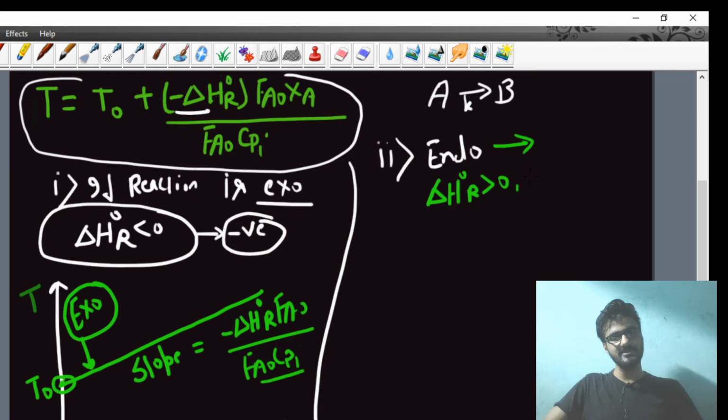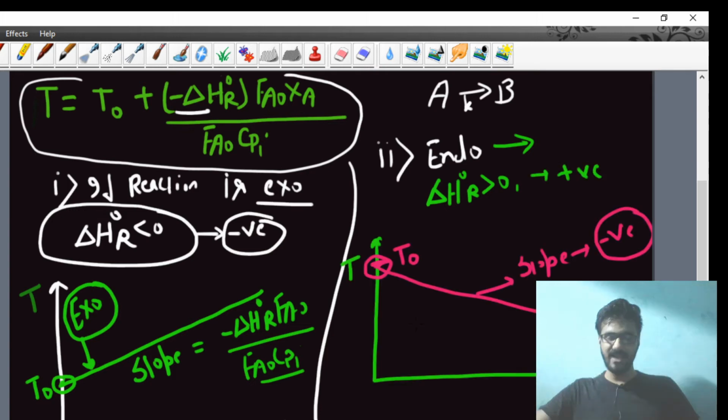This is inlet temperature T0, and here the slope will be negative, because this is an endothermic reaction. As the reaction progresses and conversion takes place from reactant to product, the outlet temperature will continuously decrease. So this is the graphical part of the continuous stirred tank reactor.